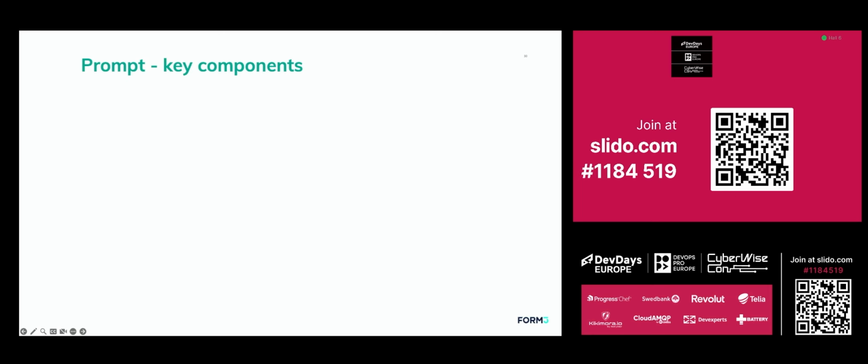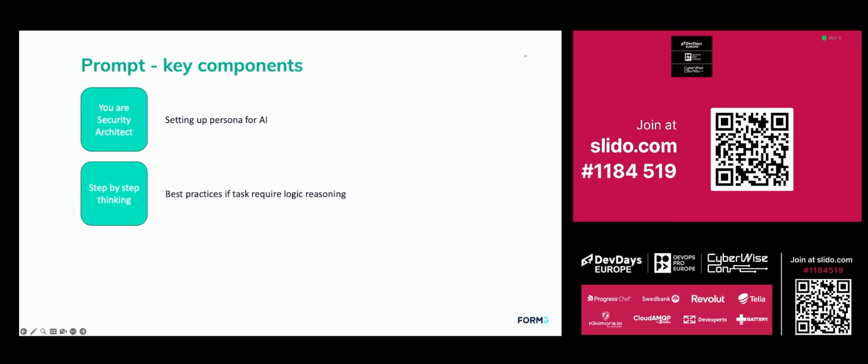This is kind of the same idea here. I'm setting up a persona. I don't know if that's effective or not, but I'm still using it. I'm doing step-by-step thinking. This is somehow, they found out, enforcing logical reasoning on the LLM. So asking for step-by-step thinking.